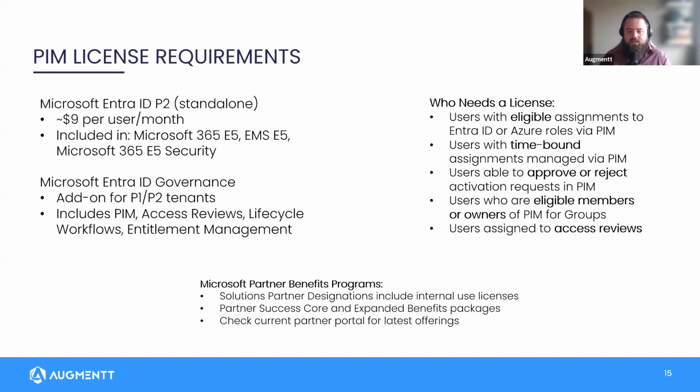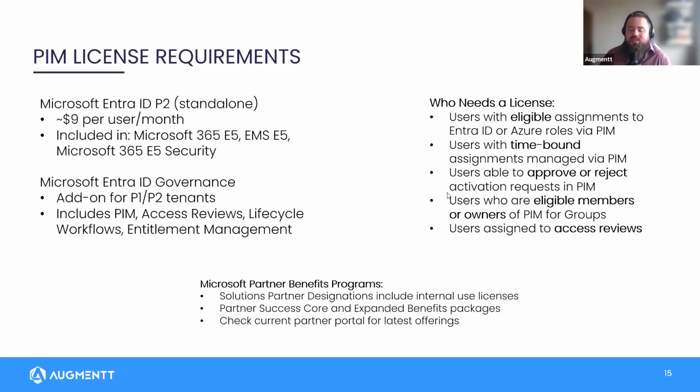You can get it as an add-on for Entra ID governance, which gives you PIM and access review and entitlement management. The question of who needs a license is an interesting one, because not everybody necessarily needs a P2 license, just anybody who's actually protected with PIM.